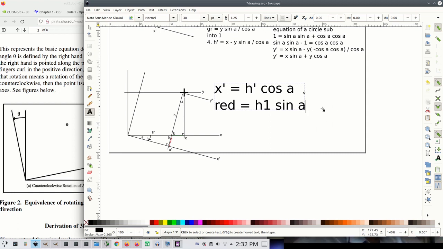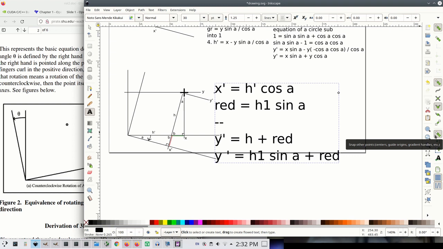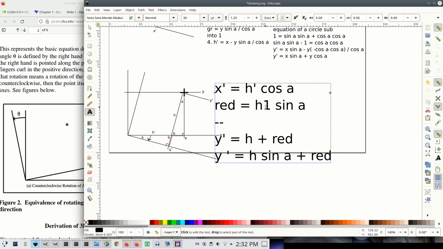Now in the other triangle, that red line plus this h is going to make our y prime. So y prime is equal to h plus red. Oh sorry, red is h prime sine A, not h1.